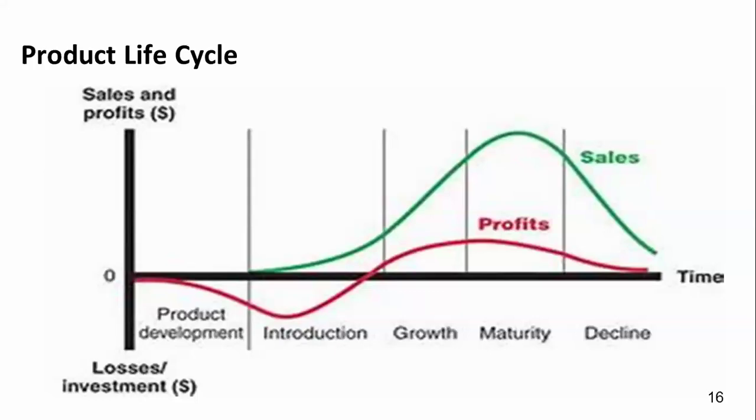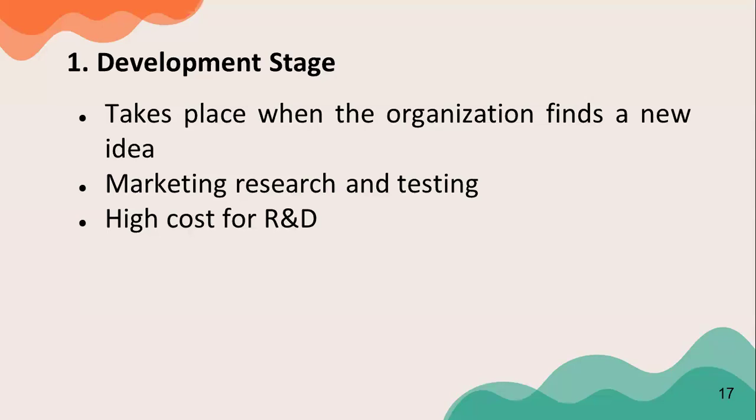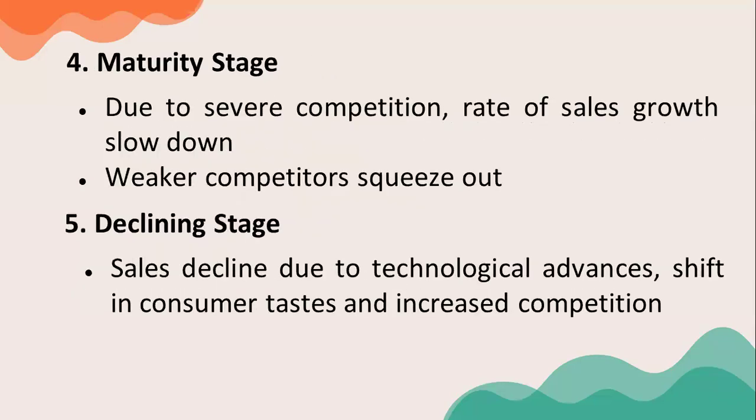With time, it becomes the declining stage. What is happening in the declining stage is that sales are decreasing and your profit also starts to decrease. Sales keep dropping, and your profit also drops. Right? This is because of the higher competition, technological advancements and changing consumer taste.